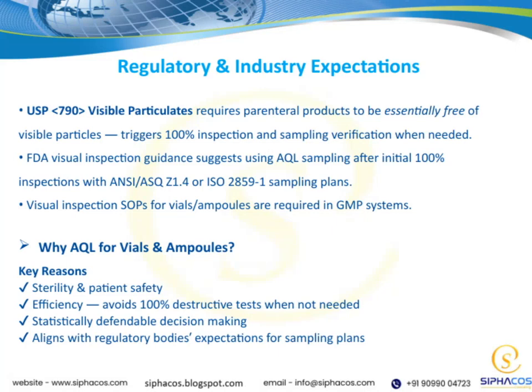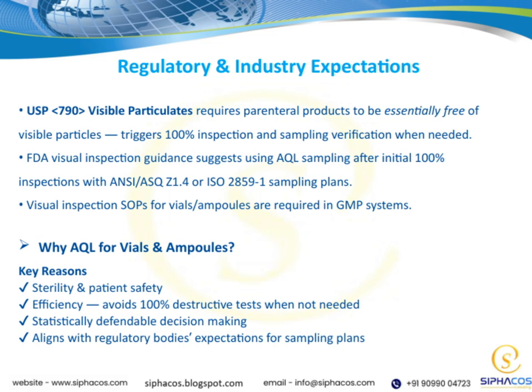Let's take a closer look at regulatory and industry expectations. The USP 790 standard states that parenteral products should be essentially free of visible particles. When there's a concern, this requires us to perform 100% inspection and sampling verification to ensure product quality.